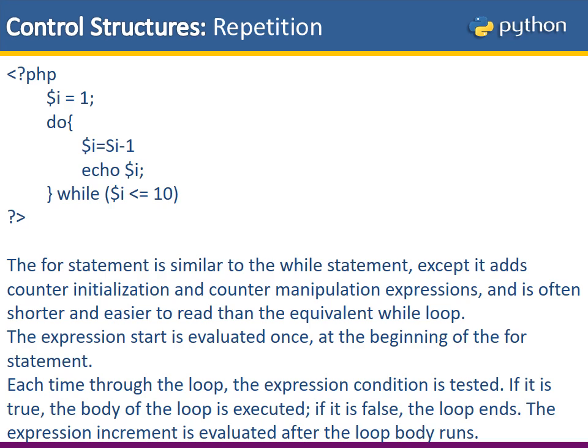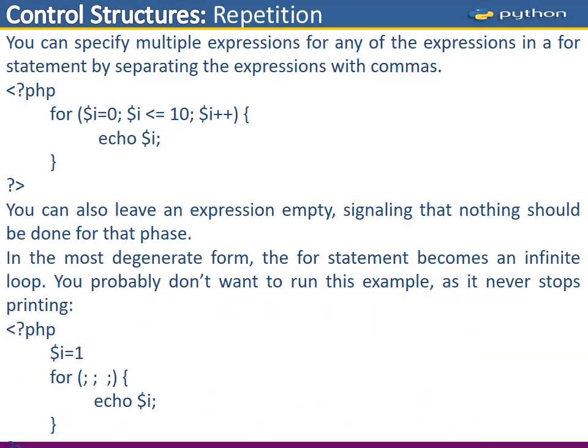Otherwise, if the condition is false, the loop ends. The increment expression is evaluated after the loop body. You can see this in the example of how the for statement is used in PHP.